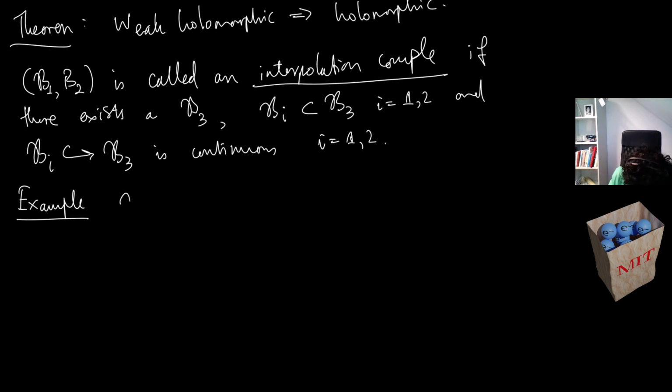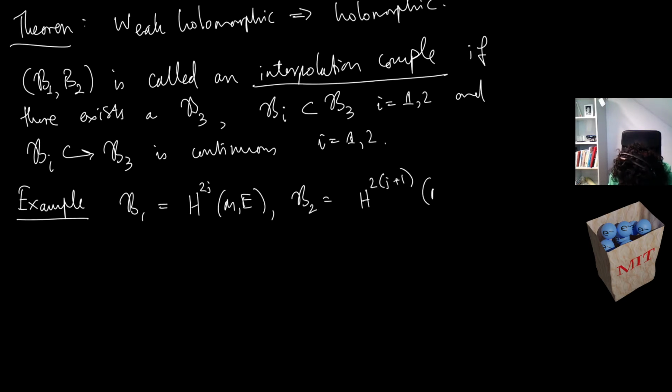Let's take B1 equal to, say, H^j(M', E), and B2 equal to H^(j+1)(M', E). My compact manifolds have a prime. And then let me take B3 equal to L2(M', E).